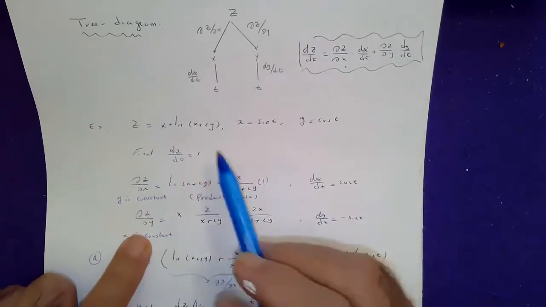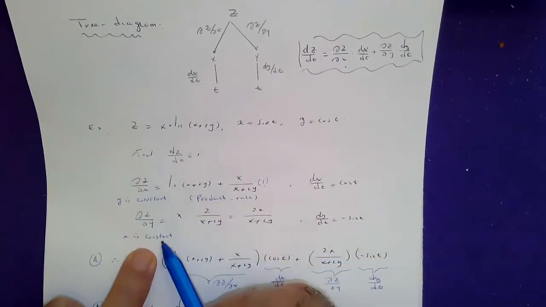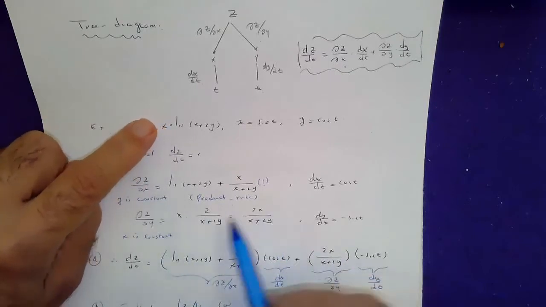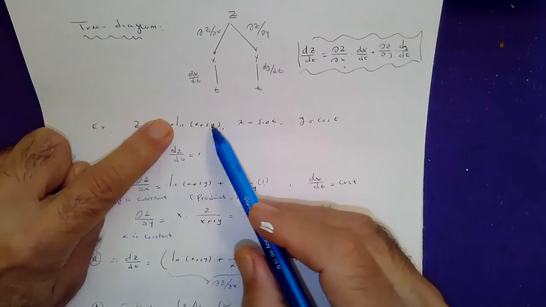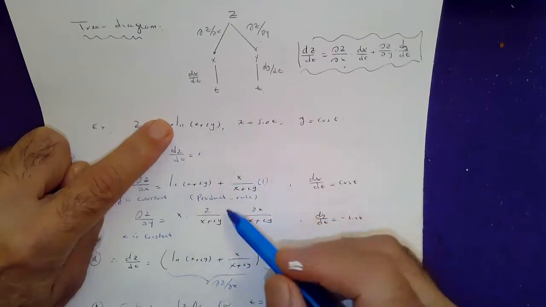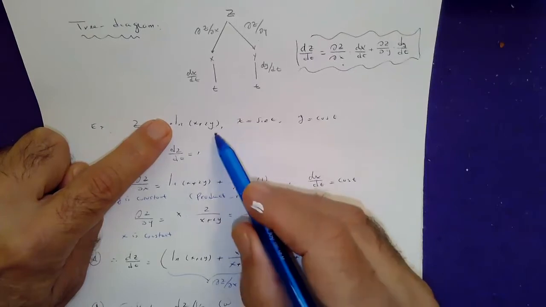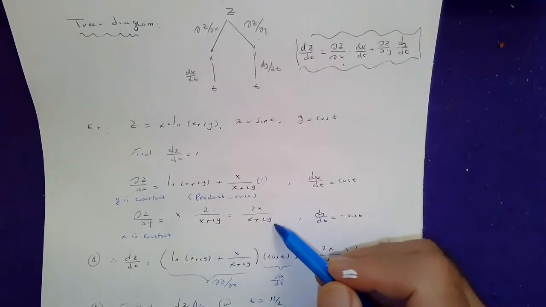On the other hand, for the partial derivative of z with respect to y, we keep the x as constant, so this acts like a number and just goes to the right. The partial derivative of this natural log with respect to y is 1 over x plus 2y times the derivative of 2y, which is 2. So therefore, I get 2x over x plus 2y.